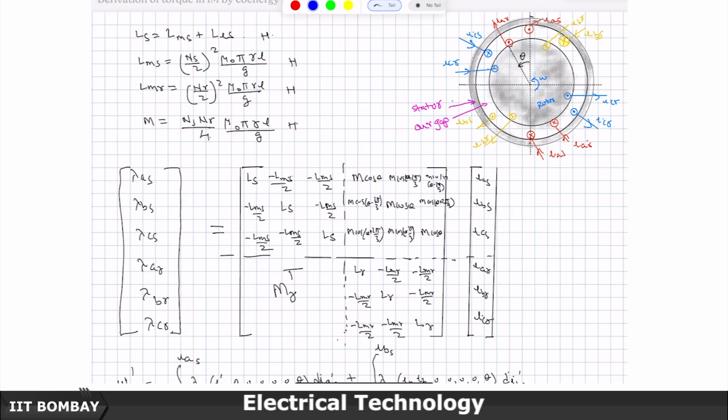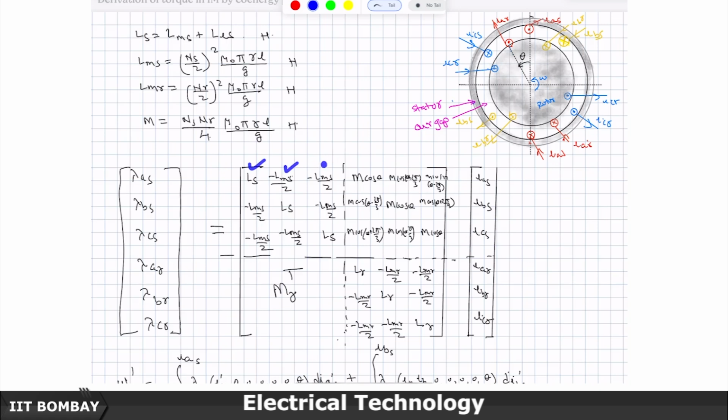All self inductances are identical, all mutual inductances are identical. The situation becomes a bit complicated when you have this theta angle coming into the picture between stator and rotor, but with just the 3 phase windings on the stator, or just on the rotor, the situation is not at all complicated. So, the third term is minus MAC of the stator, which is minus LMS by 2 times the C phase current in the stator.